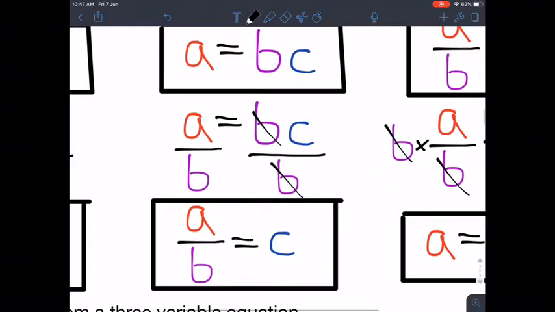On the other hand, I could do the exact same thing to solve for C. So if I want to solve for C, I have to divide both sides by B right here.